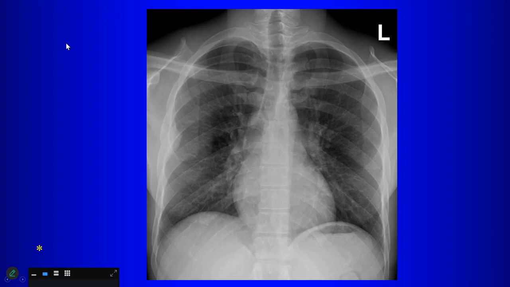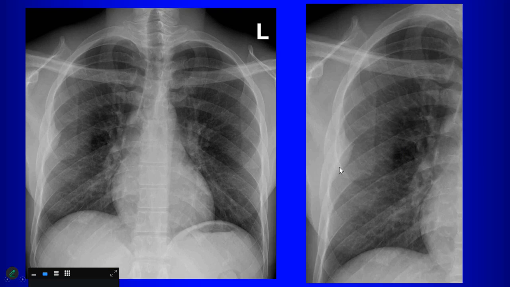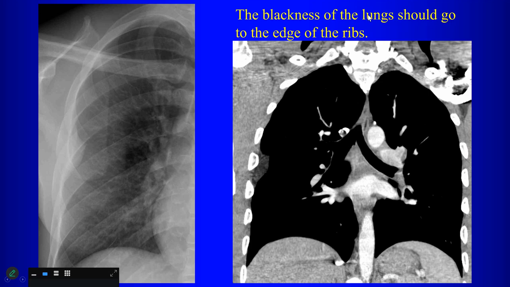How about here? Right pleural opacity. There's a right pleural mass here. Okay? So look at the close-up. There's your right pleural mass. The blackness of the lungs should go to the edge of the ribs. What does this mass turn out to be? That looks like it's fat density.